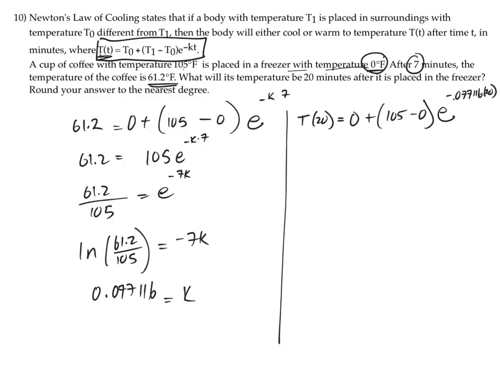105 e to the negative 0.0776 times 20. Go. So I'm getting 22.454578. And what does it say?